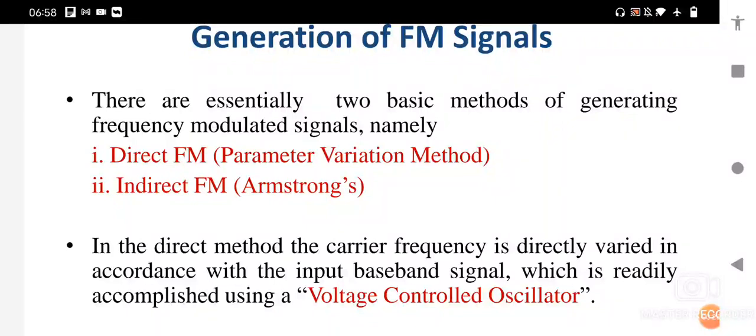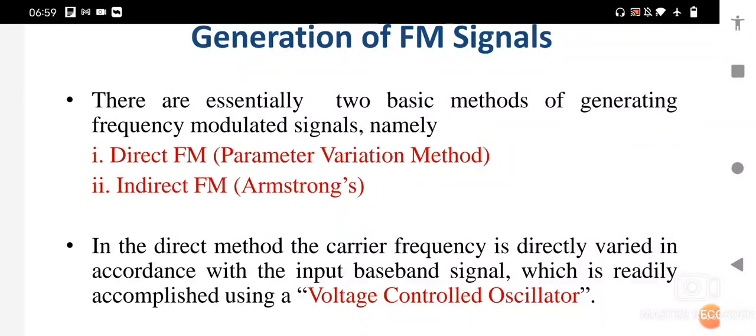The first one is direct FM, also called the parameter variation method. The second one is indirect FM, that is represented as Armstrong. These are the two methods by which we generate the frequency modulated signals.